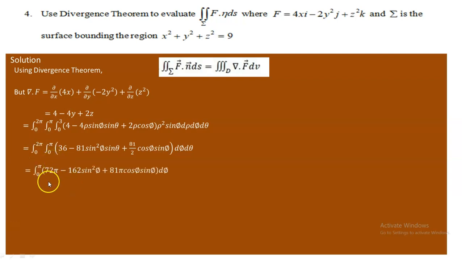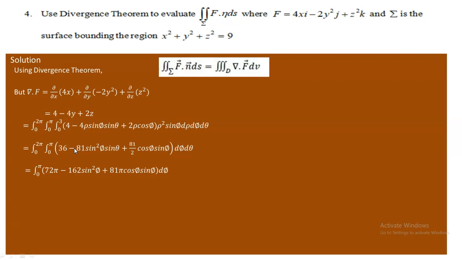So look, after exchanging we can have the integral 0 to 2 pi, but now here you see 2 pi minus 0 is 2 pi, 2 pi times 36, 72 pi. So the integral of sine theta is minus cos theta, minus makes plus.